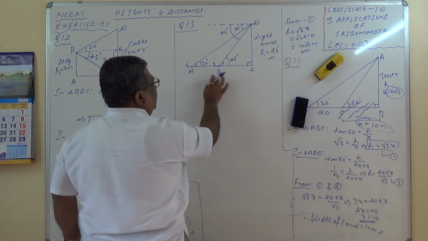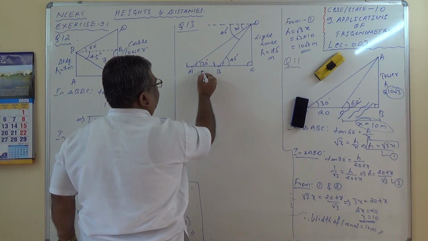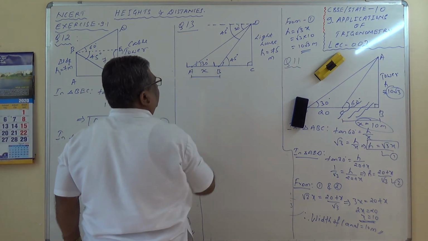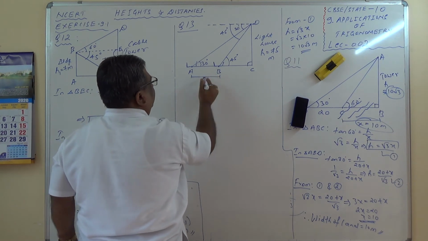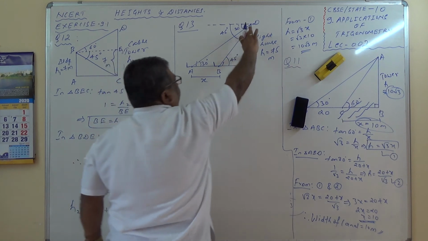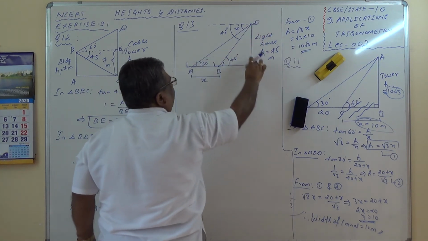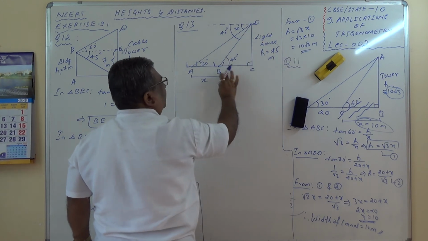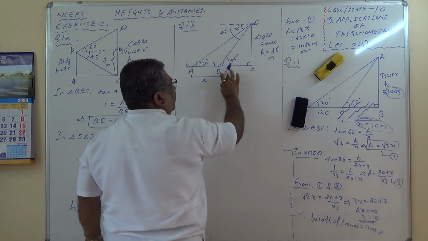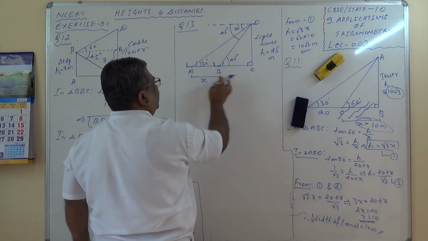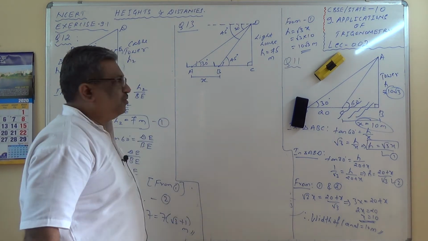The distance between the two ships AB is X. Simple problem. Height is known to you. In this bigger triangle, calculate AC. In the smaller triangle, calculate BC. Because one side is known, you can calculate AC in the bigger triangle, BC in the smaller triangle. AC minus BC gives the distance between the two ships.